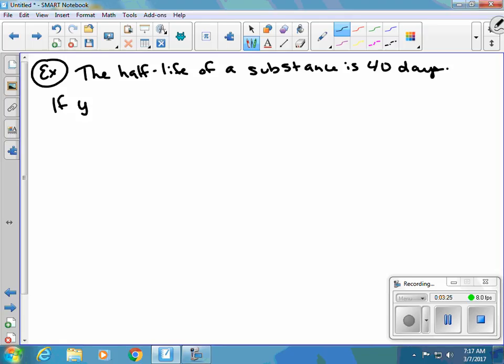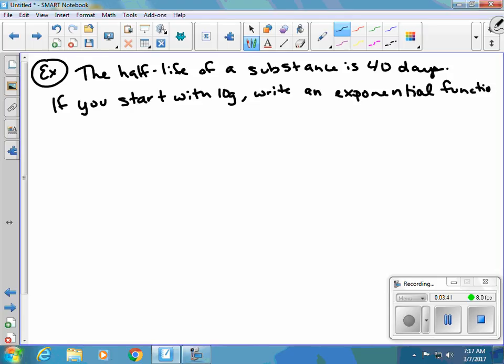If you start with 10 grams, write an exponential function. Looking at this, our A value is our initial amount, which is 10. Our B value is the half-life, so we're cutting everything in half.